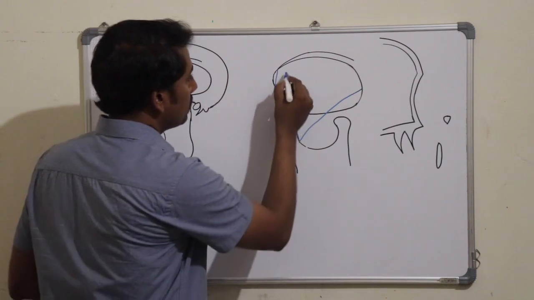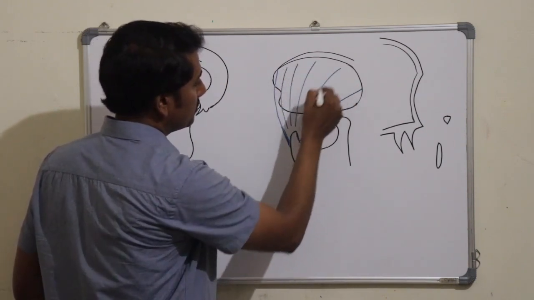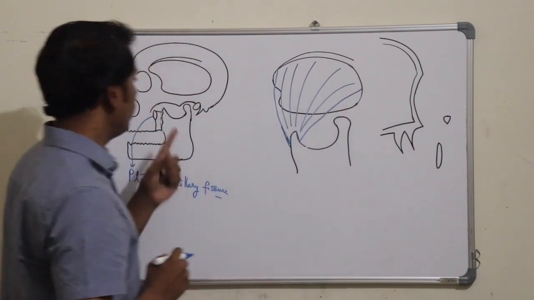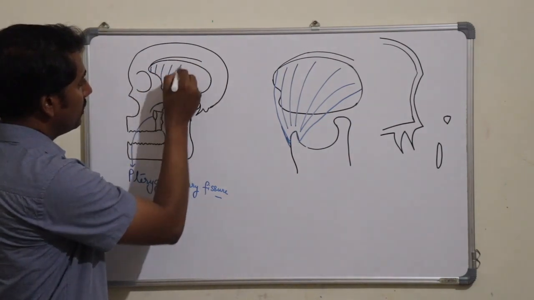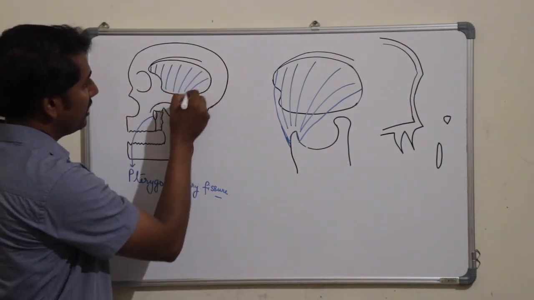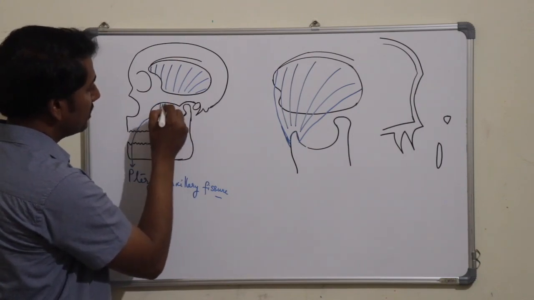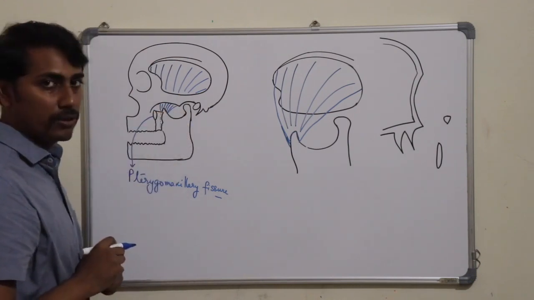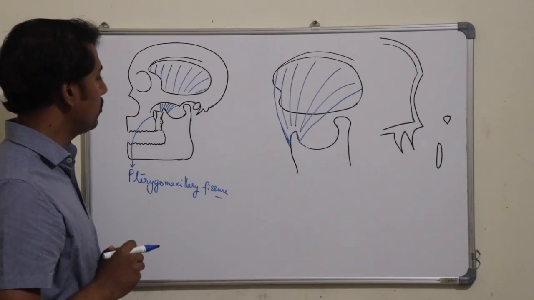So these are the temporalis muscle fibers. If we draw it here, the temporalis muscle takes origin from the temporal fossa and the inferior temporal line and passes deep to the zygomatic arch to get inserted into the coronoid process. So this is the origin and insertion of the temporalis muscle.